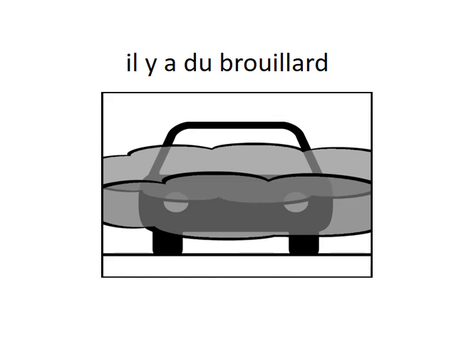This is a tricky one. We're going to break this one down a bit. Brouillard means fog. So we've got different sounds here. We've got the OU, then the ILL, which gives us an I sound. And then we've got the ARD, which gives us AR. OU, I, AR.